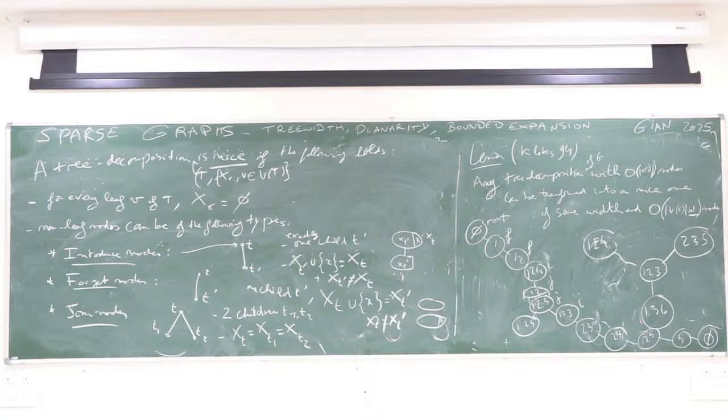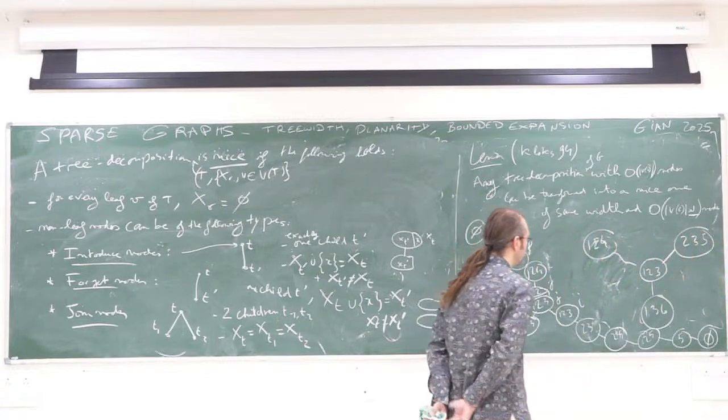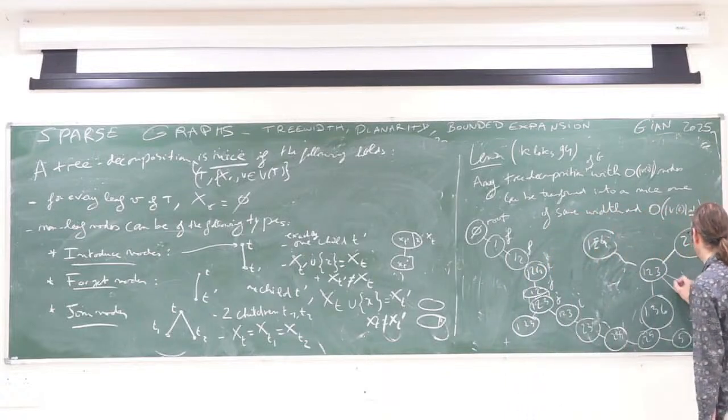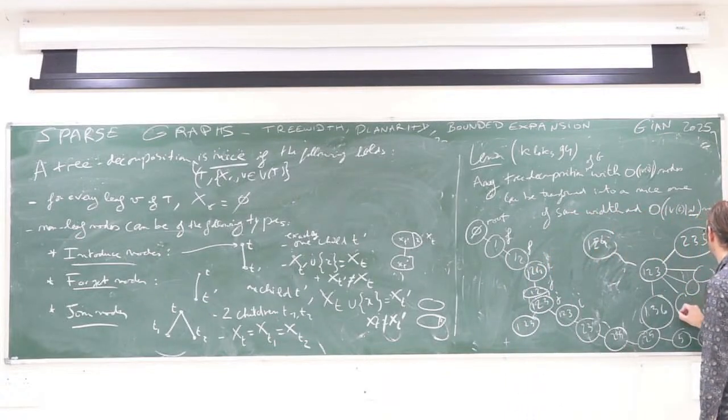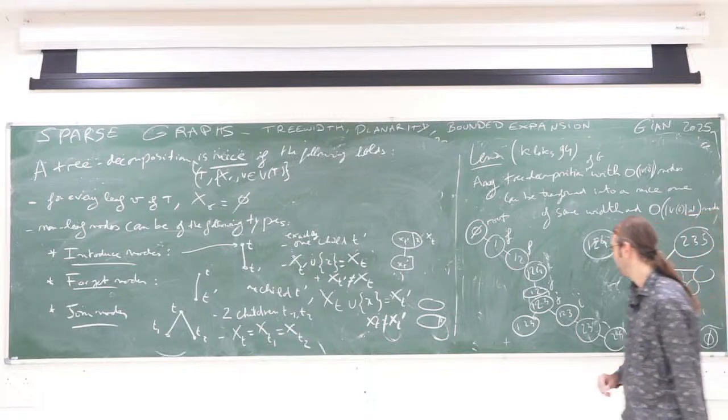It needs some log. Huh? It needs some logarithmic transformation if there are so many children around. Yes, good point. If there are many children here, I have to transform this into a binary tree of join nodes. So you're right that there will be something.